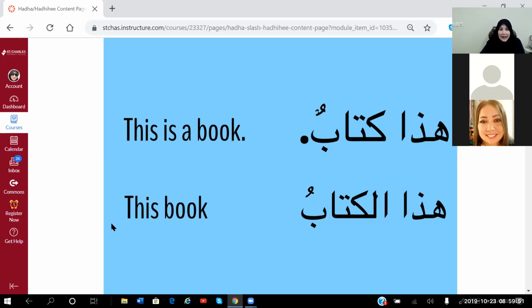Now if you add an alif lam in between the word hada and the word kitab, it becomes hada el kitabu. Hada el kitabu means this book, this particular book. Now look at this word here, el kitabu, by itself would be the book. But when we put hada in front of it, it becomes this book, this particular book.